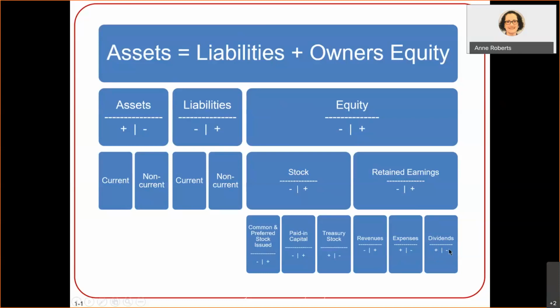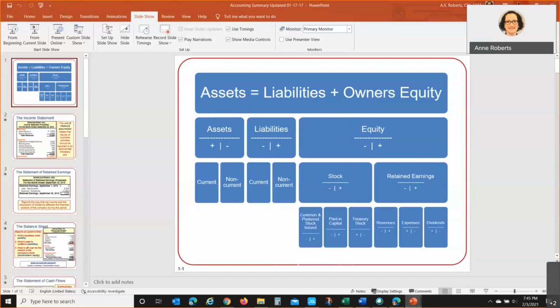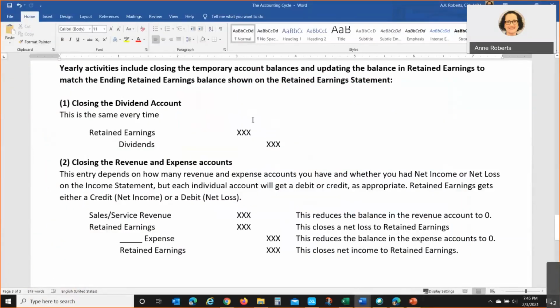As dividends are going up, we close it out with a credit, and we're reducing retained earnings with the debit for that journal entry. You see it? So when we close dividends, we roll it up to retained earnings, and this debit to retained earnings is going to reduce retained earnings.